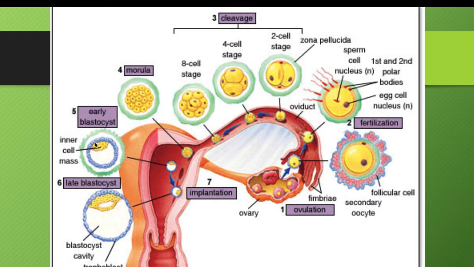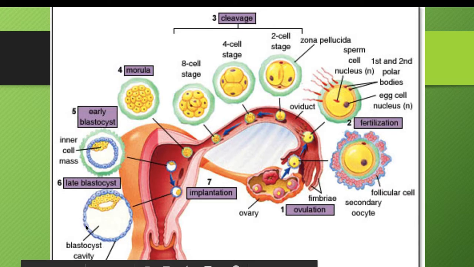This blue part around is called the trophoblast. You see that in the next picture. So that blue part is known as the trophoblast, and then inside this whole thing is called the blastocyst. That's the big empty space inside, and this is our cells that are still going to divide.